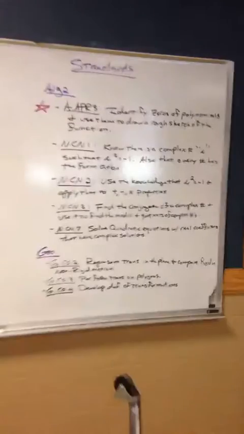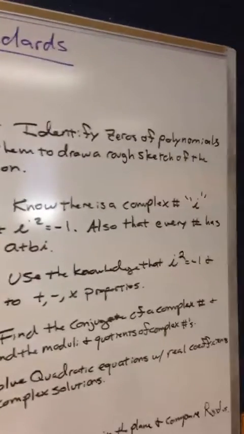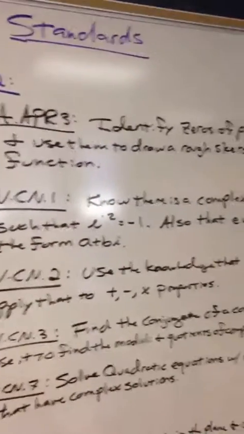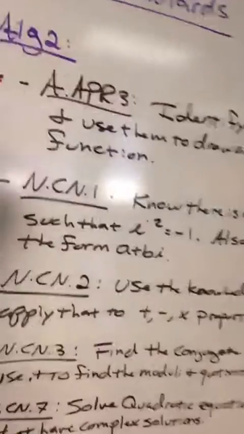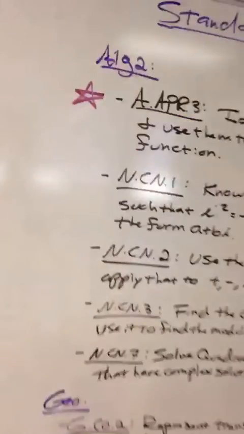Because I'm going to show you right over here. Right here, guys. Identify zeros of polynomials and use them to draw a rough sketch of the function. This is our main standard that we're trying to learn.